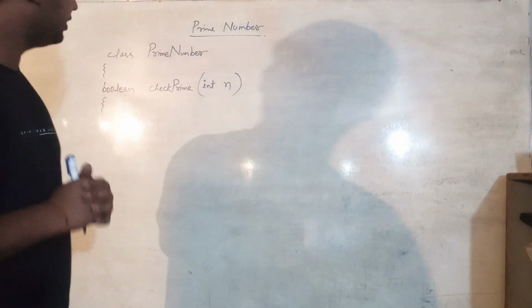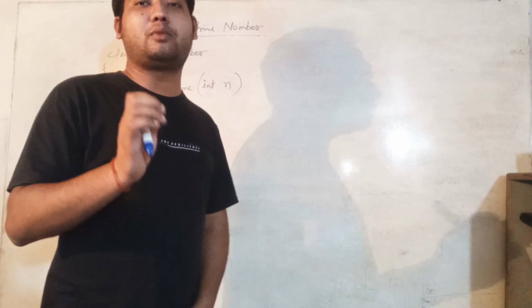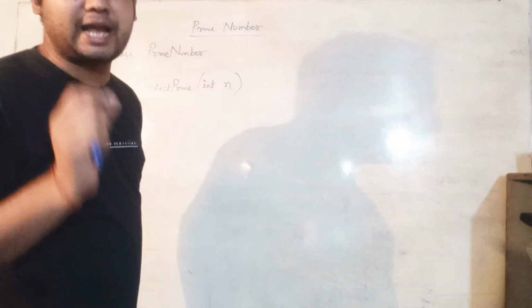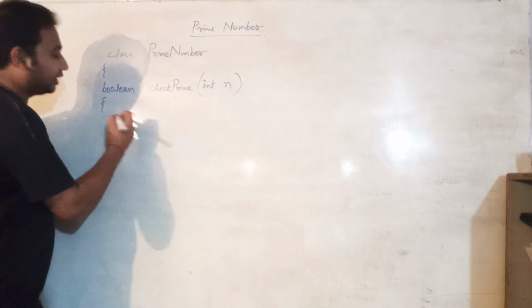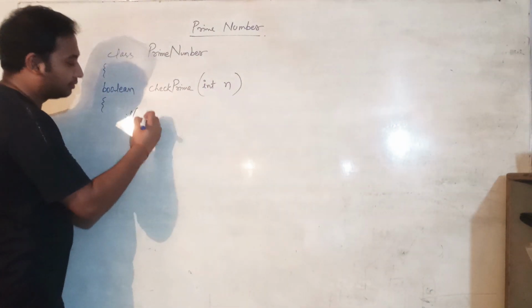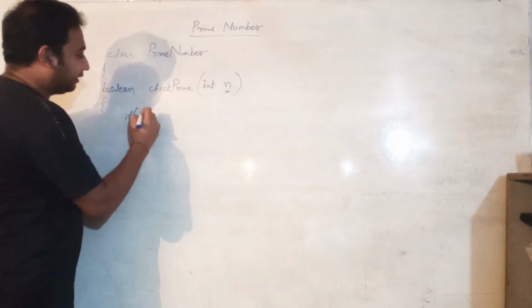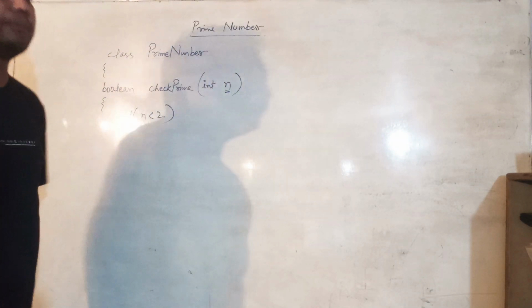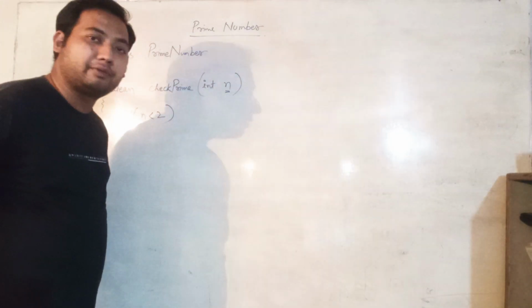So first of all, I will check if a number is prime or not. Now let me tell you students, the smallest prime number is 2. So we can put a condition: if the number we are taking in variable n is less than 2, it means it cannot be a negative number, it cannot be 0, it cannot be 1.